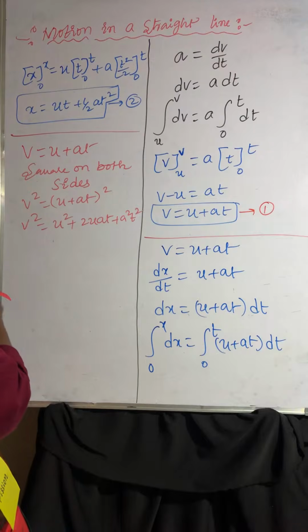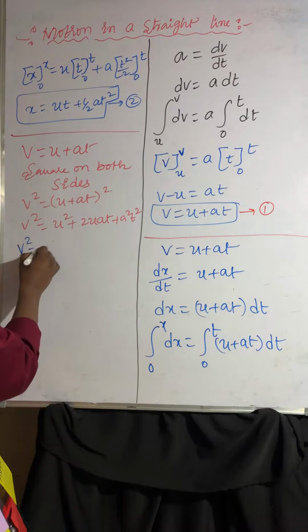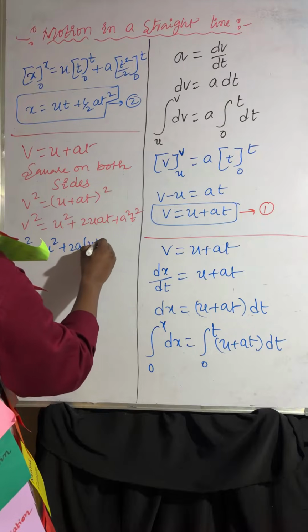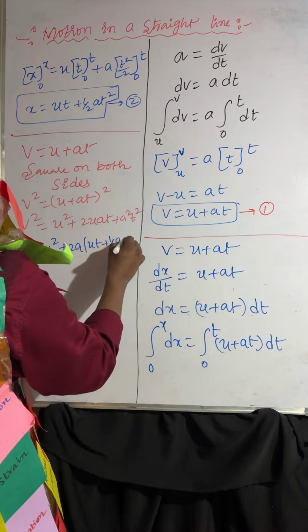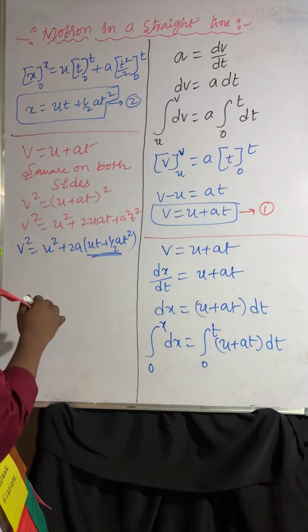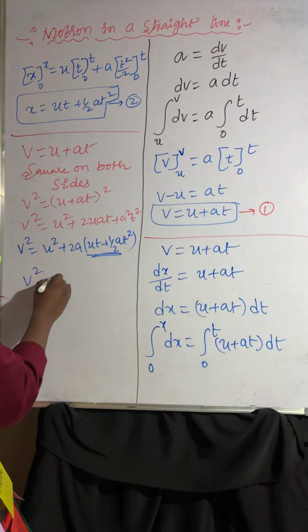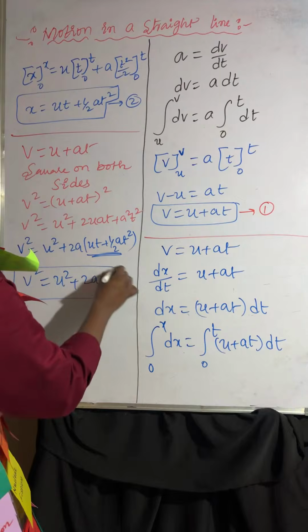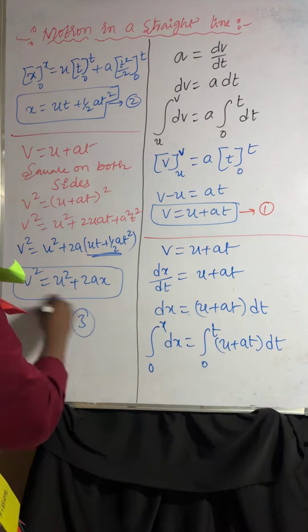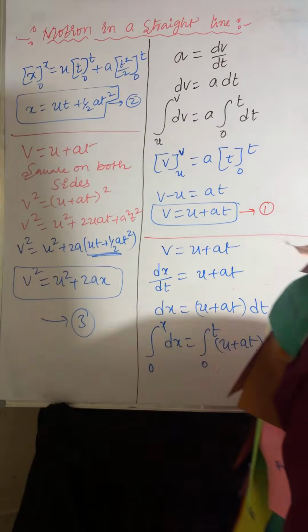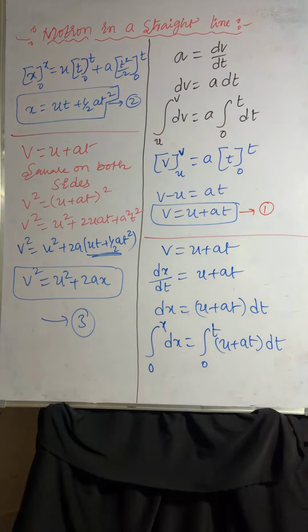Then v square equals u square plus 2a, taking common, (ut plus half at square). Ut plus half at square is x. So v square equals u square plus 2ax. This is equation 3, the third equation of motion.